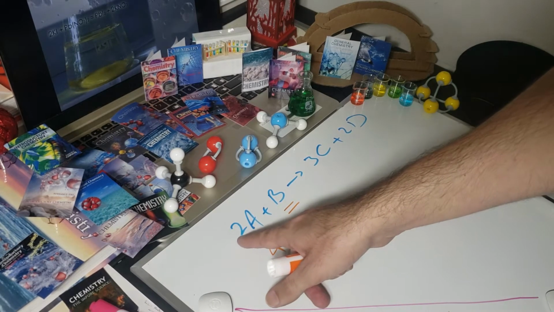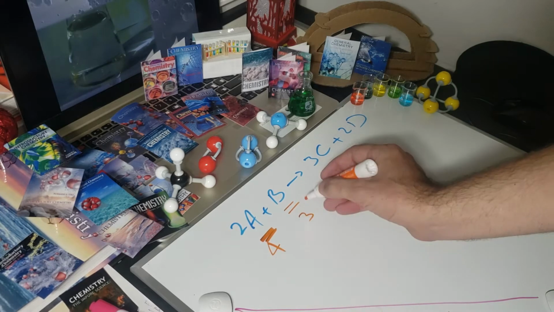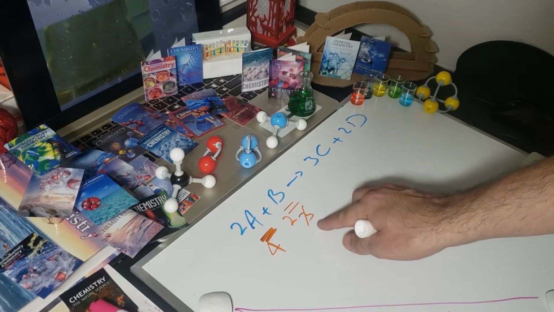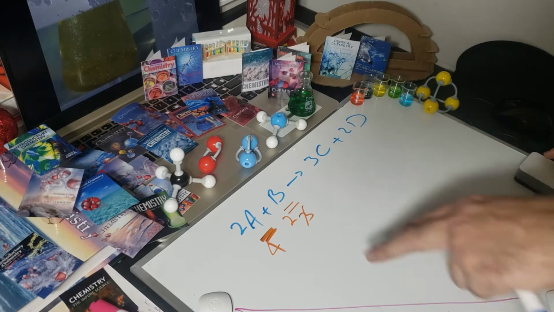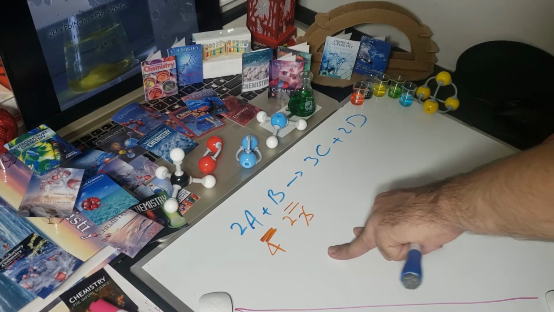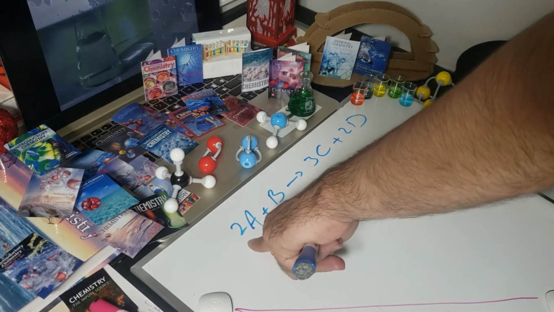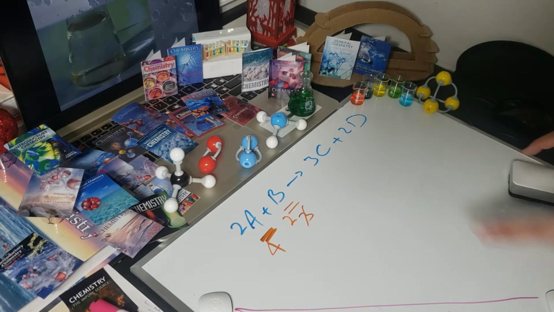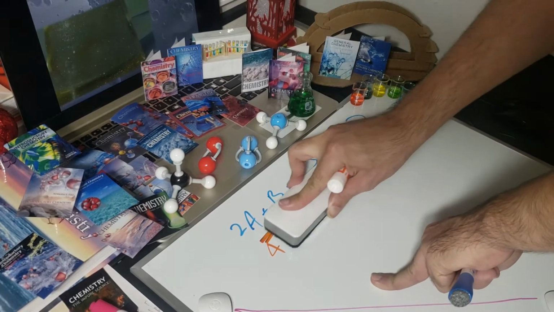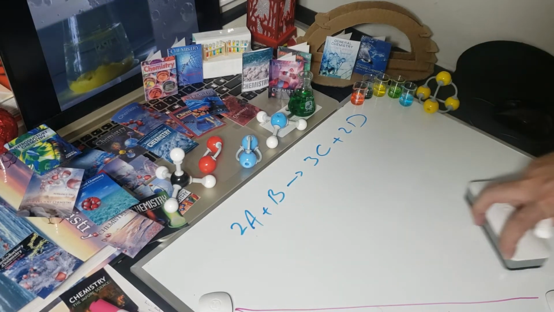If you need 1 cup of milk for 2 cakes, then for 4 of them you would only need 2, and you would have 1 extra. It means you would have a little bit extra of one of your reactants, and one of your reactants is going to be finished up. The one that finishes up, or that you run out of, is called the limiting reactant, and the one that you actually have extra of, we call the excess reagent.